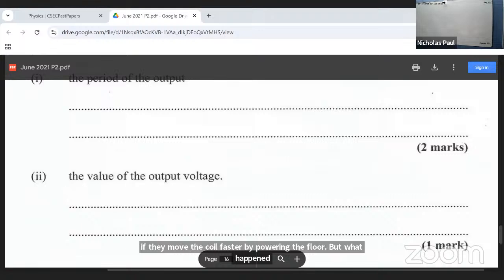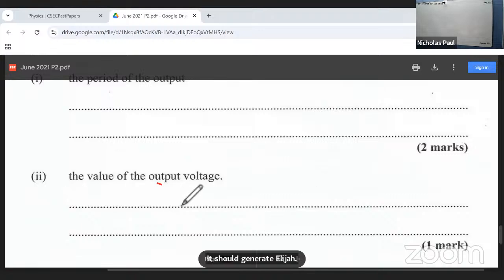So if it's going twice as fast, then the voltage should be double. So the output voltage should be double. Whose law is that? Faraday's law. Nice.